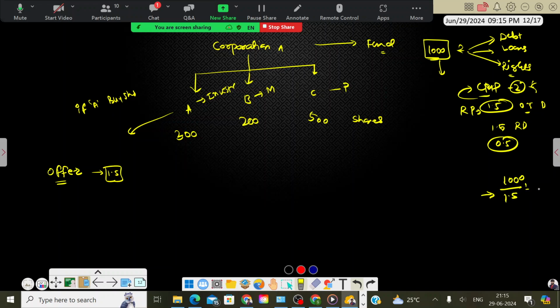Just divide that. Let's calculate it. 1000 divided by 1.5. So the total is 666 rights that the company is looking to sell.